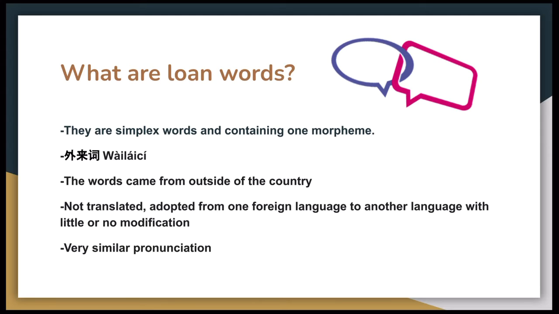As you took beginner Chinese language courses at U of C, I know you can read it. 外来词. 外 means outside, 来 means come, and 词 means word. Basically, it means loanwords are words that came from outside.